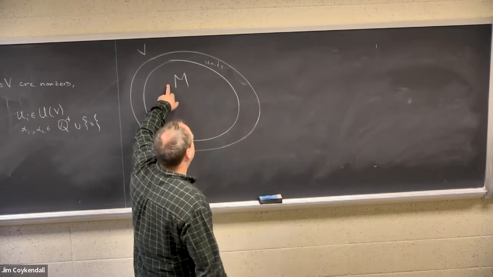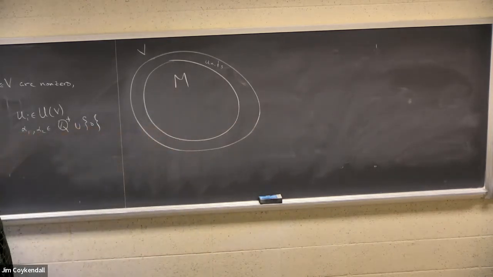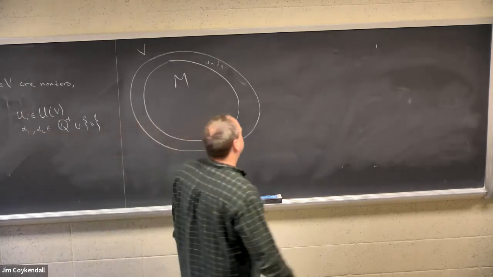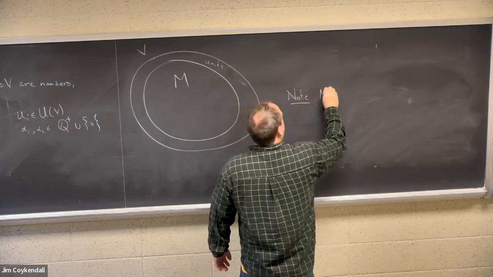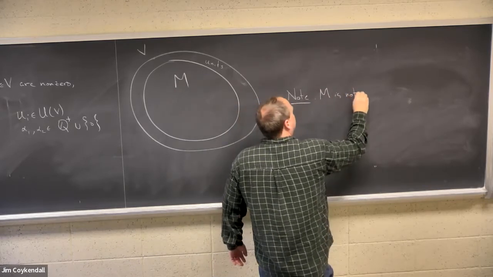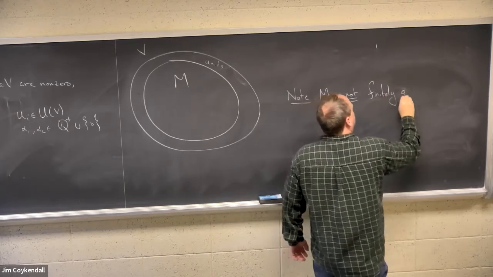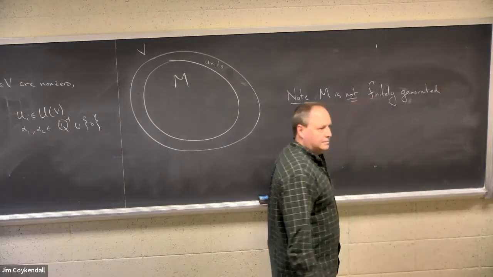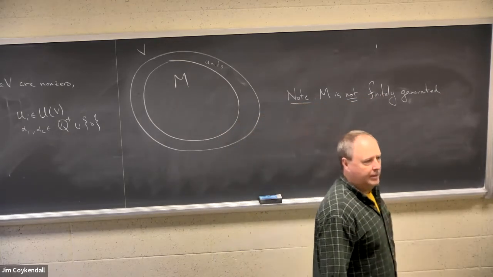And this maximal ideal basically consists of everything that looks like this for alpha greater than 0. Right? Notice that M is not finitely generated. Here's my proof of this.